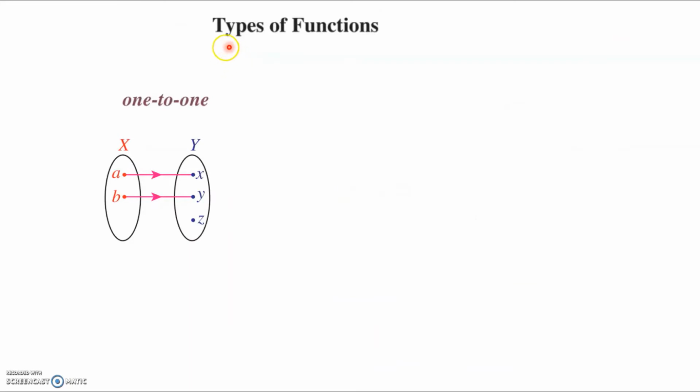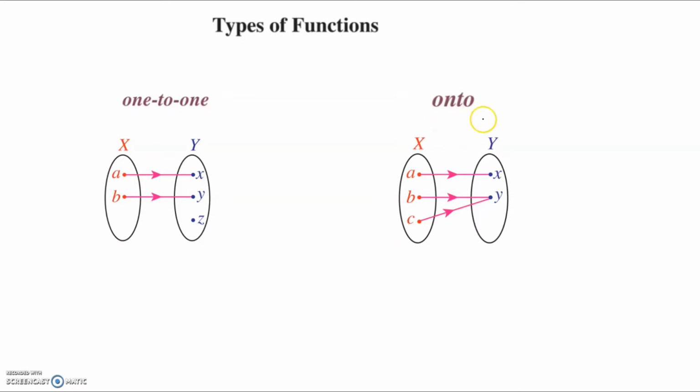Next, let's move on to some other types of functions, which is the one-to-one function. When I say one-to-one function, each element in X is related to only one element in Y. So A is related to X, B is related to Y. This is called a one-to-one function. Now let's see what an onto function is. In an onto function, you have X and you have Y, and X maps to Y. The key here is that you need to look at your range.